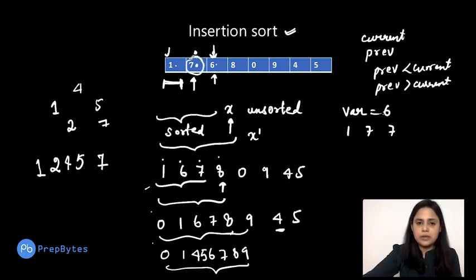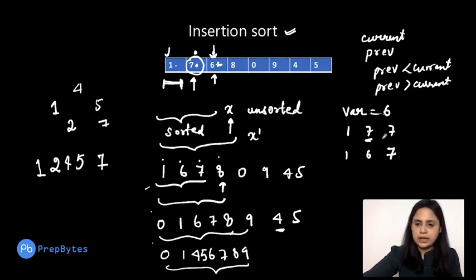As soon as I find an element which is smaller than this particular element, this one has to go just after it. So this is the place where I have to put 6. So I simply put 6 at this particular place. So I do 1, 6, 7. As soon as I found the right place, I just put 6 over there. Now let's go even ahead.